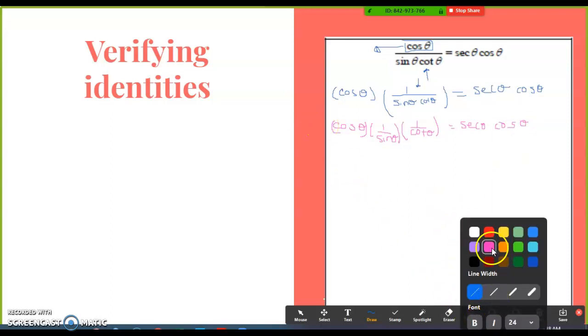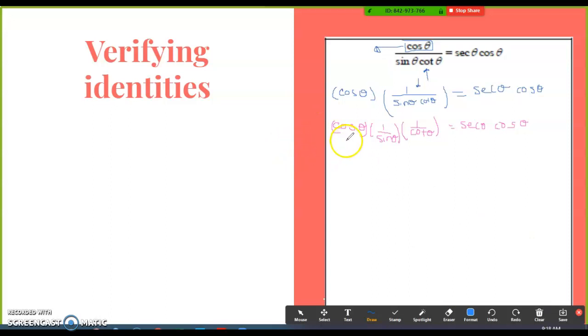So the first one, cosine of theta, is just cosine of theta on the left. 1 over sine is still just 1 over sine theta, because that's good. The next one, though, 1 over cotangent. 1 over cotangent, remember, that is also the identity for tangent. The reciprocal for tangent is cotangent.